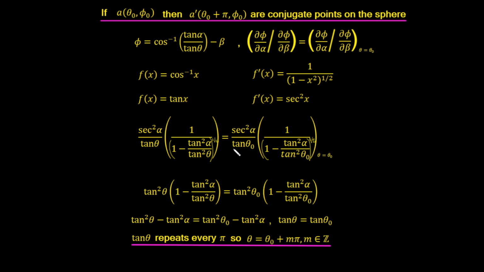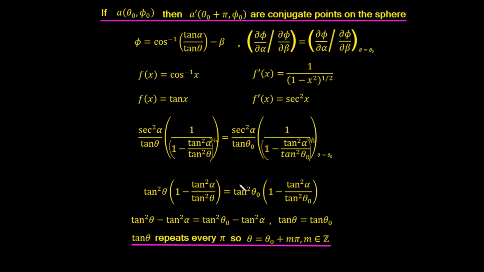Now from this line to this line, what we'll do is we'll take the reciprocal of each of these and then we'll square them. So if I take the reciprocal of this section here, it'll be tan theta upon sec squared alpha. And again, we'll have tan theta naught in the top and sec squared alpha in the bottom. So it means that we can just cancel out the sec squared alphas from each side. So we would be left then just with the tan theta here and the tan theta naught.